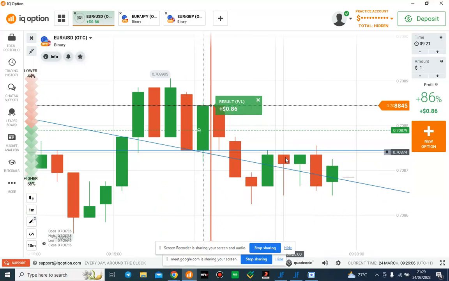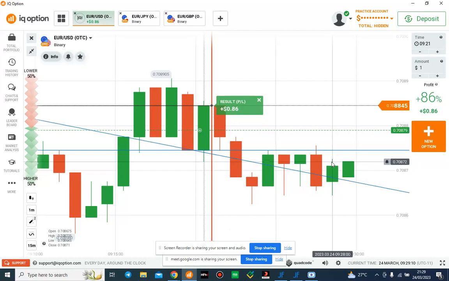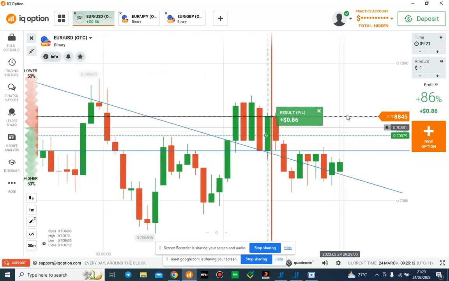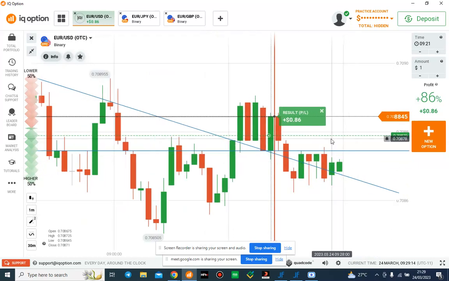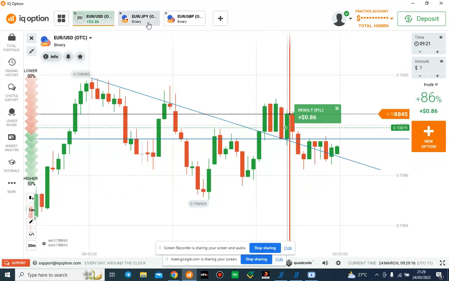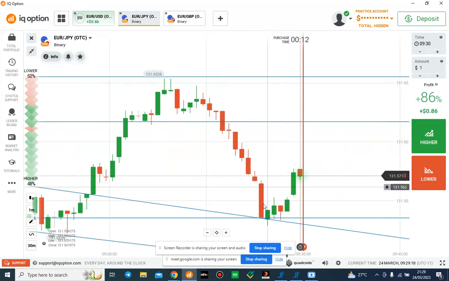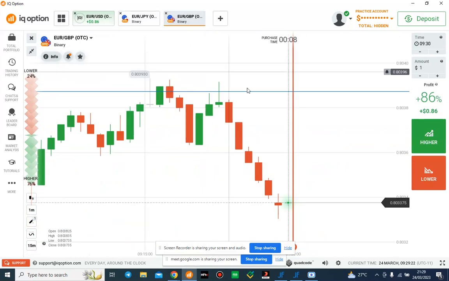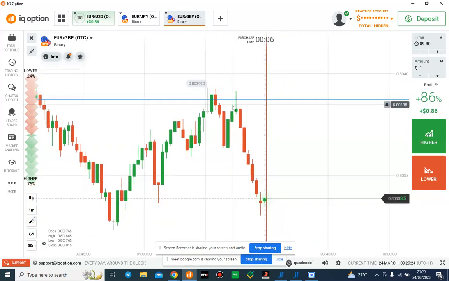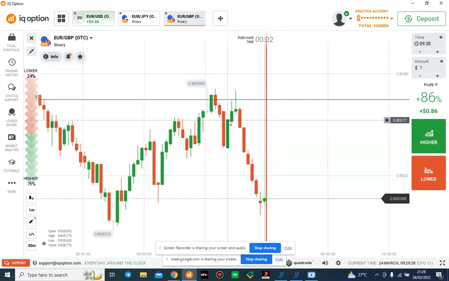The market returned back to this range, then this candle also came back and broke the trend line, so it indicates a false breakout. What I'm expecting is the price should now rally to the upside. You can see this one is now rallying to the upside. Okay, that is how you trade with a 5 minute expiry time or 10 minute expiry time.